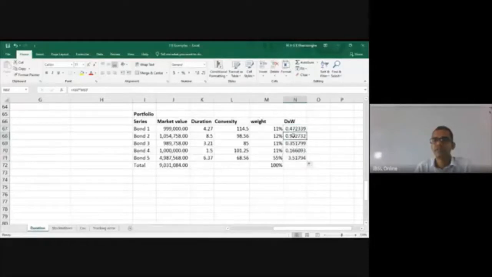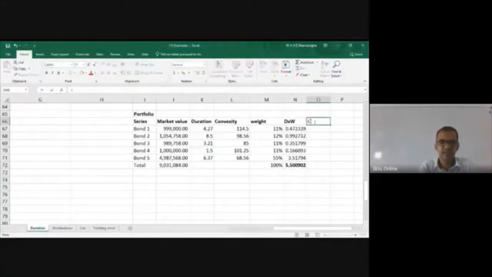For each and every bond, you multiply the duration by these weights and take the sum. So the duration of the portfolio is 5.5. It should be somewhere in between the largest and the smallest. It can't go beyond that. So this is the duration of the portfolio.